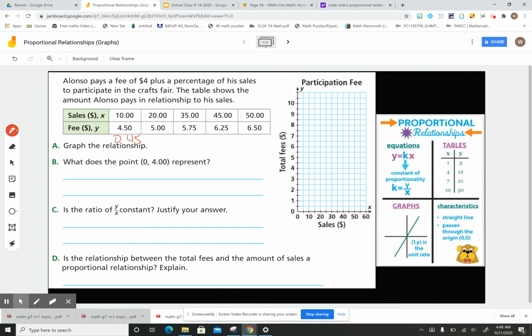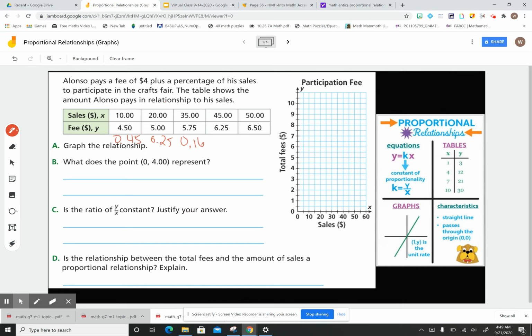If we were to take $5 divided by 20, that would give us 25 cents. If we were to take $5.75 divided by 35, that would give us some long decimal, but we're going to round it to 16 cents.